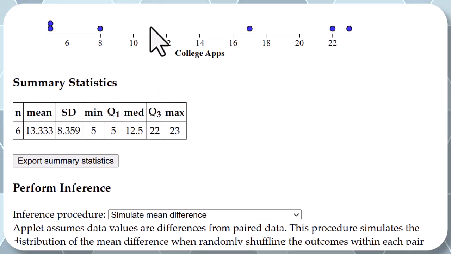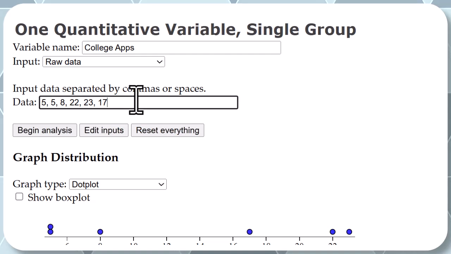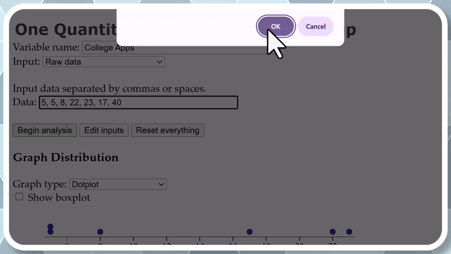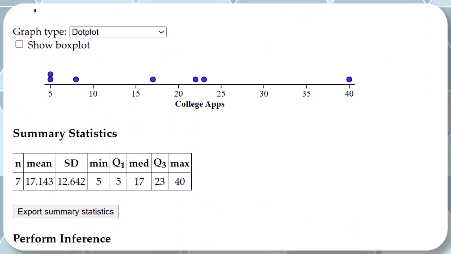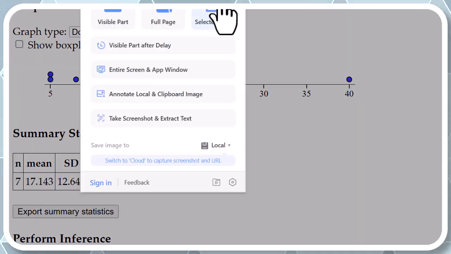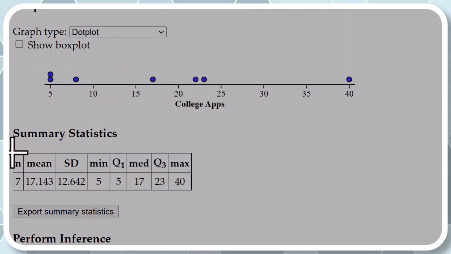We forgot to add one group that applied to 40 colleges. So let's add a group in that did 40 colleges. Begin analysis. So now what happened to my standard deviation? There's my mean.